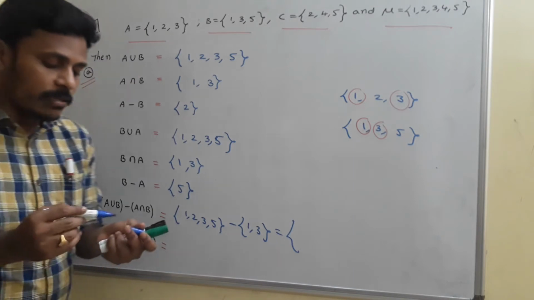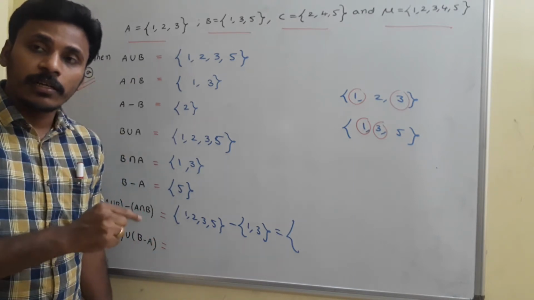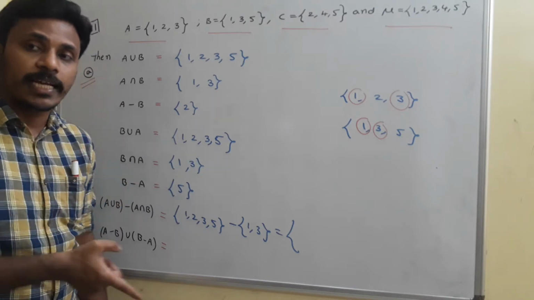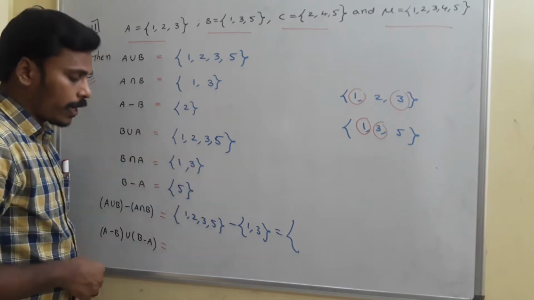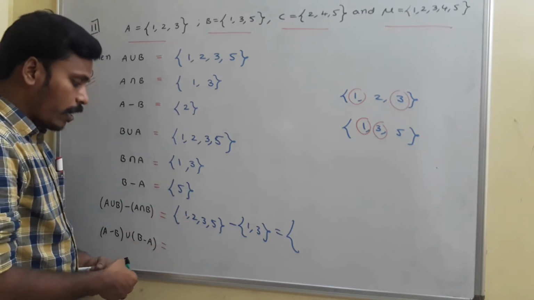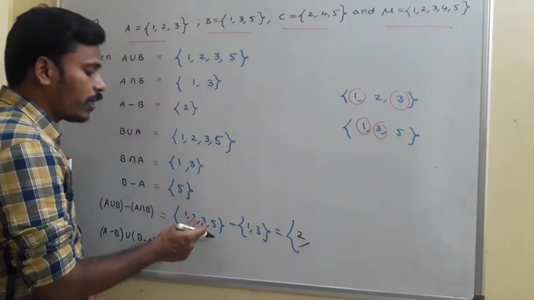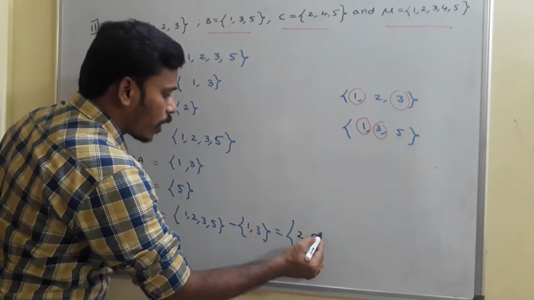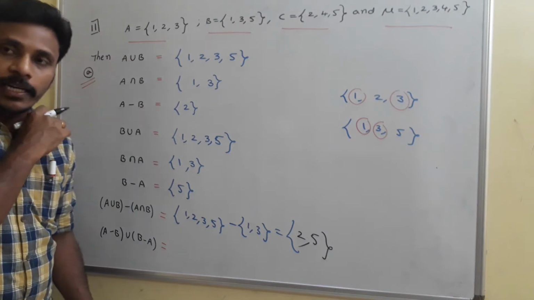Minus always represents elements in the first set that are not in the second set. 1 is in the first set, also in the second set, don't mark it. 2 is in the first set but not in the second set, so 2 is one of the elements. 3 leave it, and 5 is one of the elements. So 2, 5 is A union B minus A intersection B.